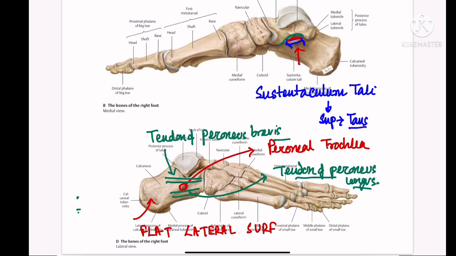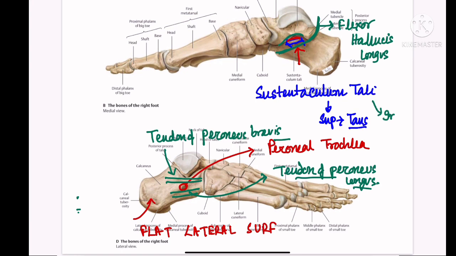What about the inferior surface? The inferior surface bears a groove for the tendon of flexor hallucis longus. It passes like this, beneath the shelf-like projection.